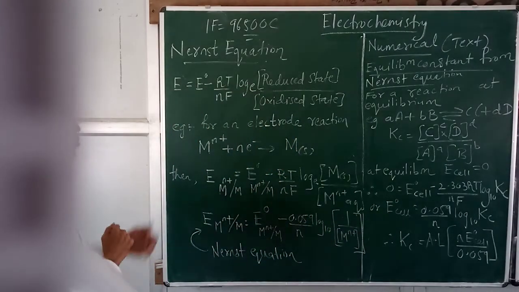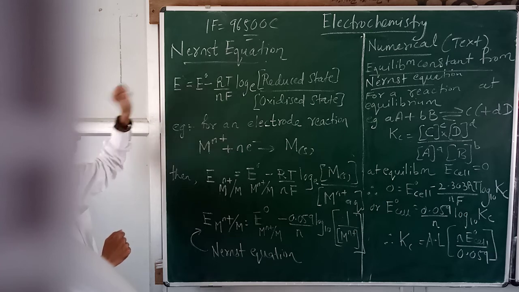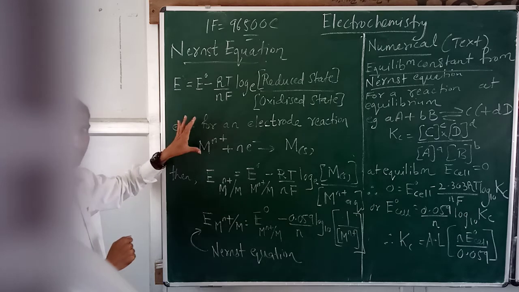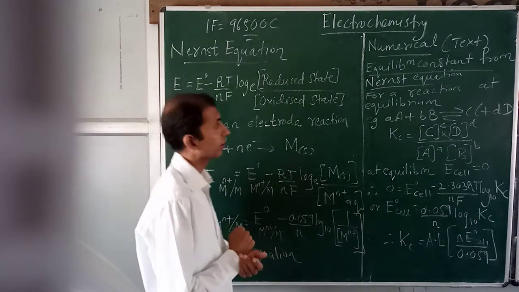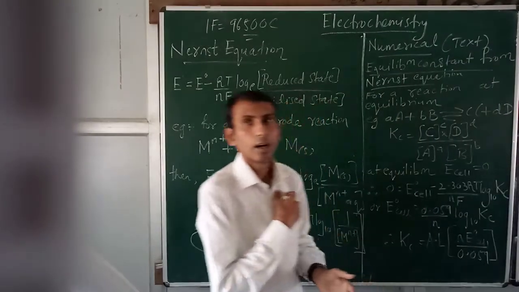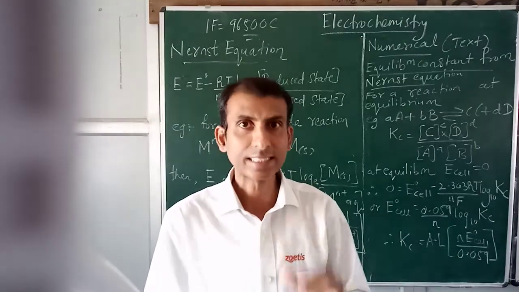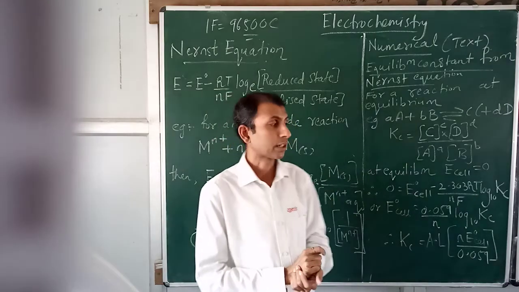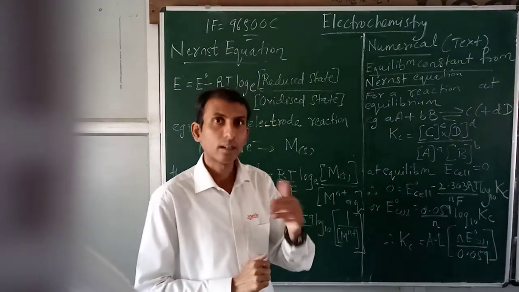Today we have covered the Nernst equation, which we wrote first, and then a general reaction we considered here. Then we got the simplest form of the Nernst equation, which helped us get the equation for Kc, the equilibrium constant for a reversible reaction, or a reaction which is attaining equilibrium.